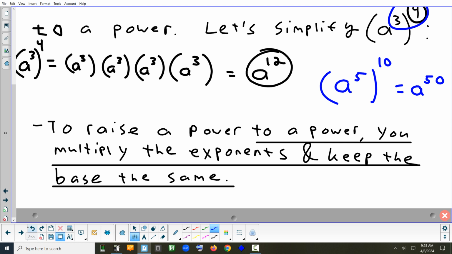That's the part you have to figure out. Okay, so this is called a power to a power. Does everybody have that rule? Multiply the exponents and keep the base the same.